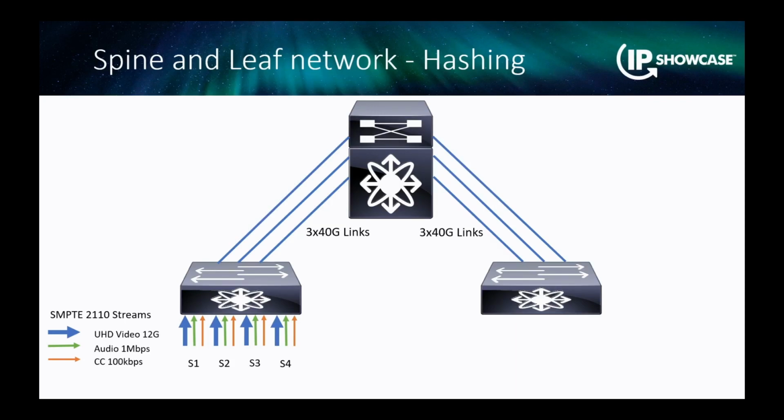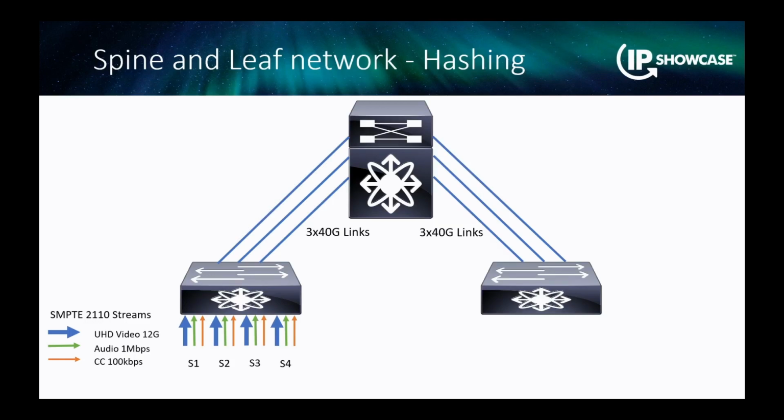We have 3 40 gig links going from the leaf to the spine, as well as 3 40 gig links going from the spine to the leaf on the right side. So there is 120 gig of bandwidth, plenty of bandwidth to forward all these 4 video streams and all the streams from these senders.